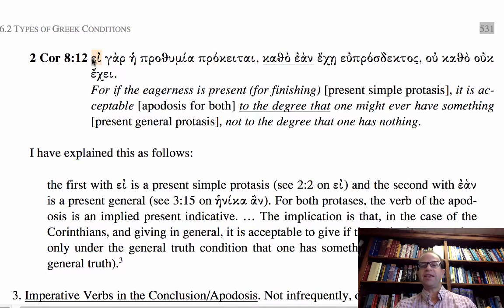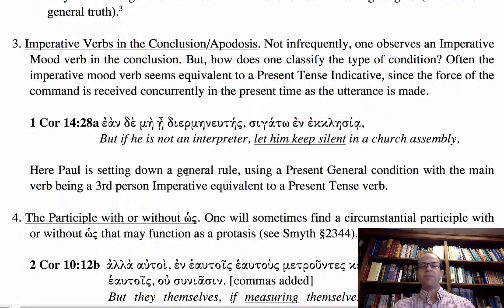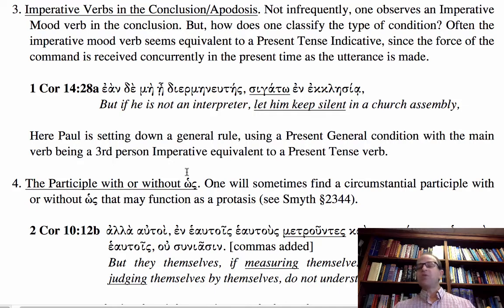So here is ei, and then you also have ean. So you can read those explanations there. Not uncommonly, you find imperative mood verbs being found in the conclusion or the apodosis. I tend to treat these as present tense forms.